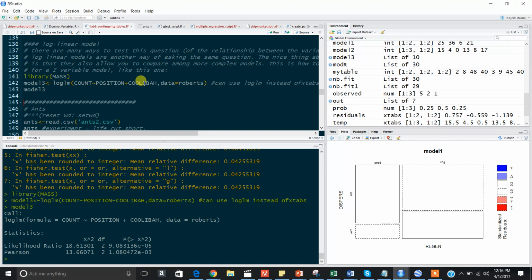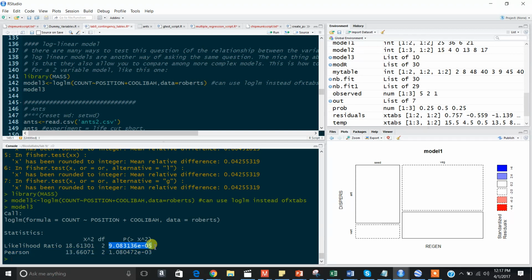Okay, so this gives us the output. And so you have your X squared value. Here's your likelihood ratio and the Pearson's X squared value. Your degrees of freedom, and then your p-value, which is what we're really interested in. So we're going to look at this right here.